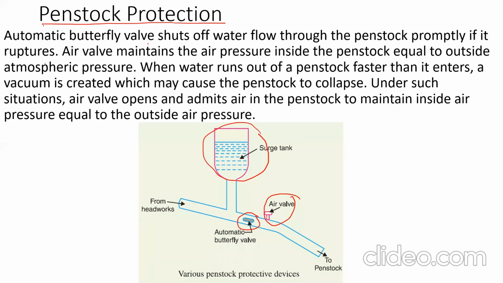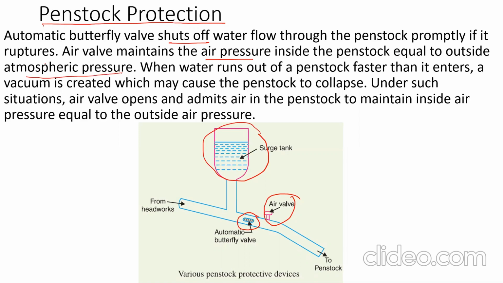Automatic butterfly valve shuts off water flow through the penstock promptly if it ruptures. Because of the high pressure, when the penstock ruptures, it will shut off the water flow. Whereas the air valve maintains the air pressure inside the penstock equal to the outside atmospheric pressure.